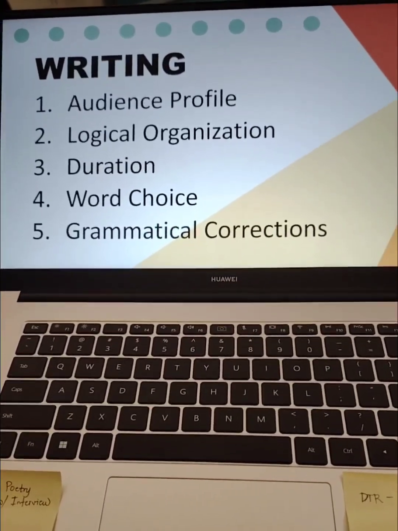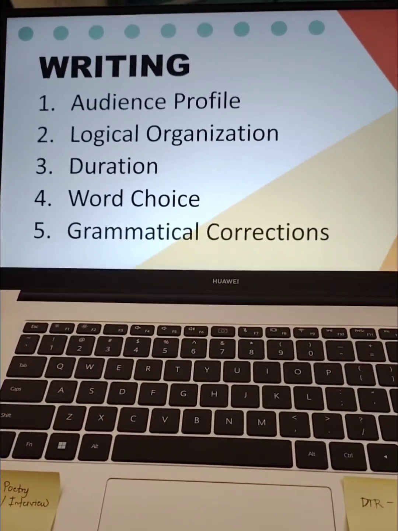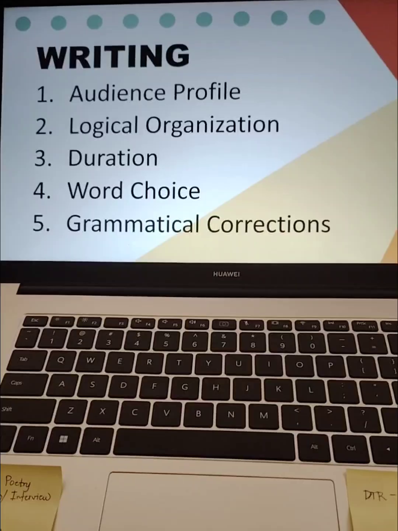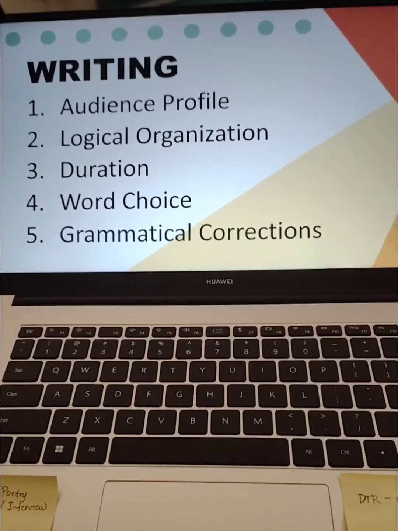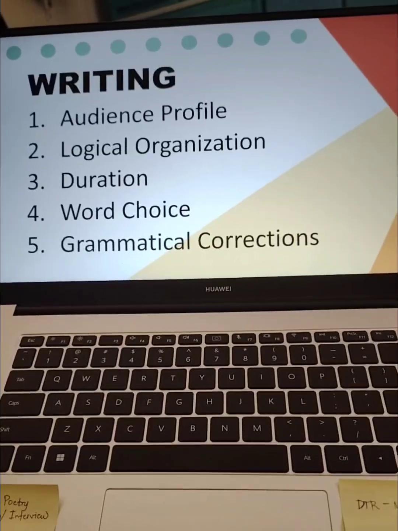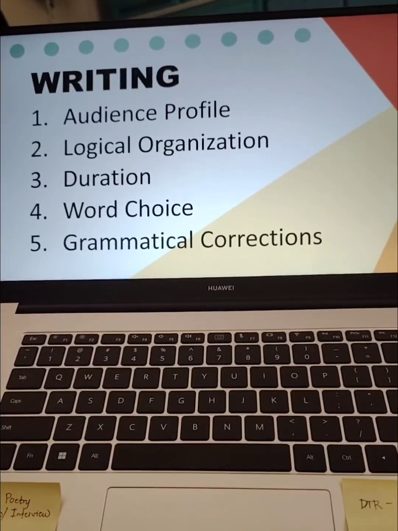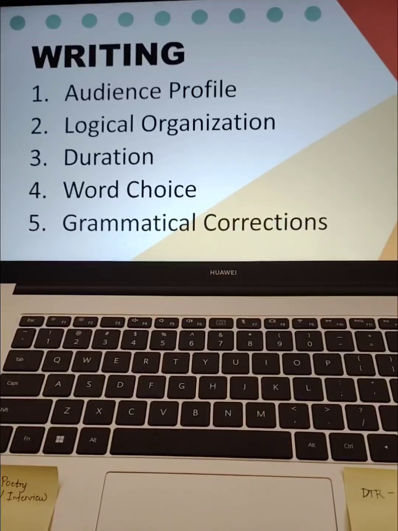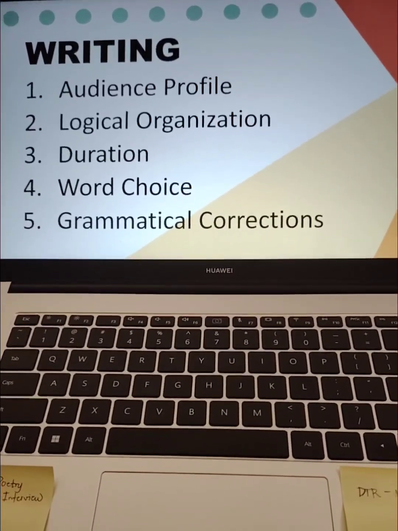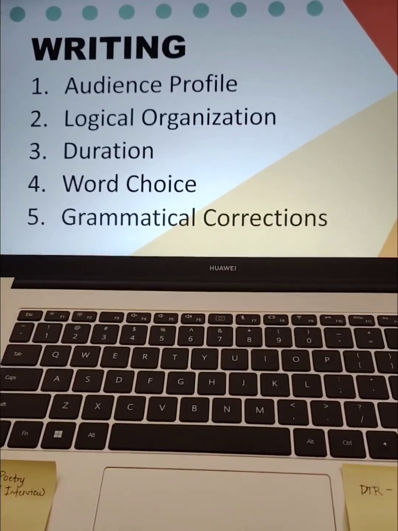Always remember what I have told you: always start with a bang and end with a bang. No matter the layout of your speech or the organization of your thoughts, you always have to make sure that you leave an impact on your audience. You start strong and you end strong.